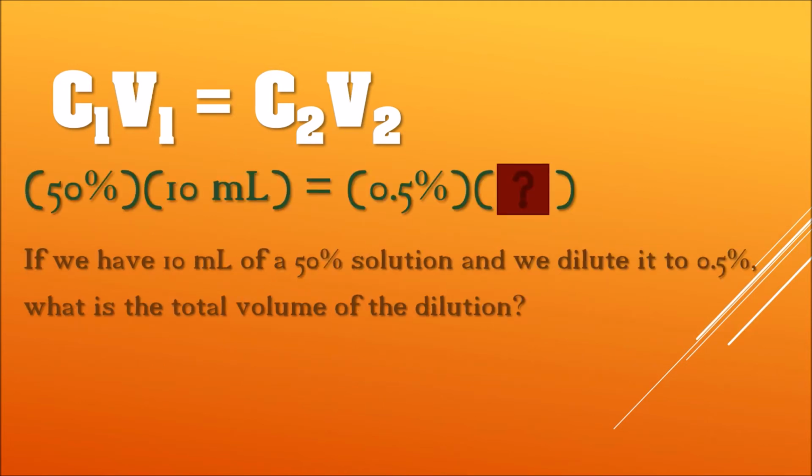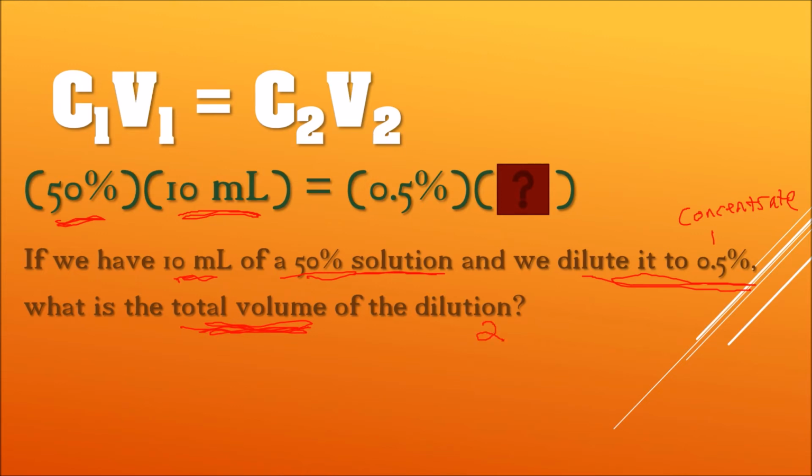Now here's one. If we have 10 milliliters of a 50% solution, and we dilute it to 0.5%, so that would be the concentration, what is the total volume of the dilution? Now the dilution, is it number 1 or number 2? That's right, it's number 2.